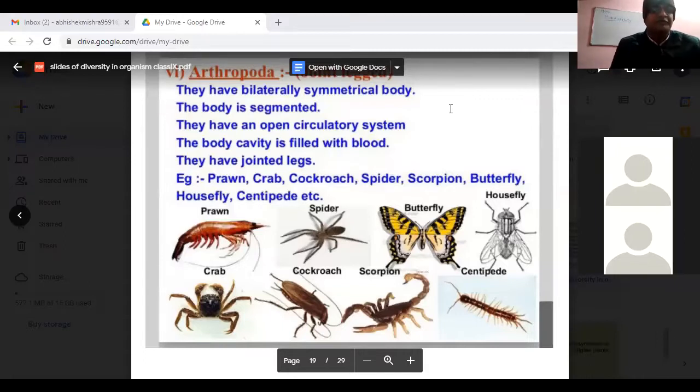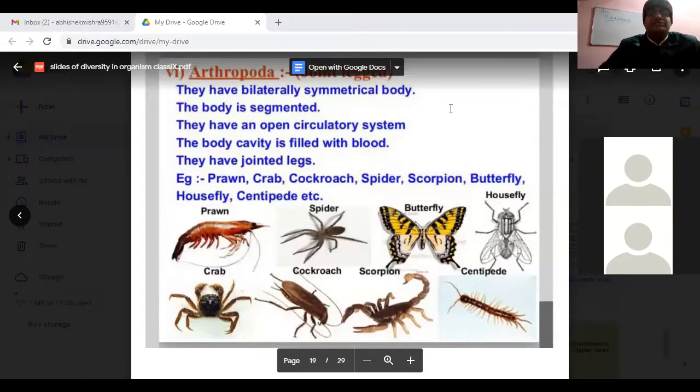Yes, Vinayak. Arthropoda has a bilaterally symmetrical body. And Arthropoda have a circulatory system, but the blood does not flow in blood vessels.